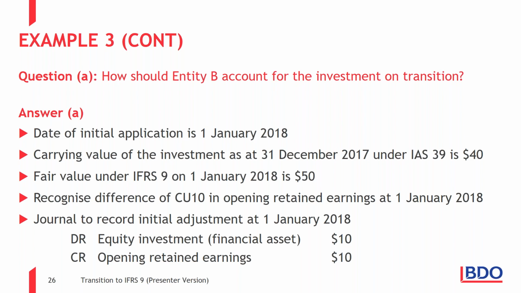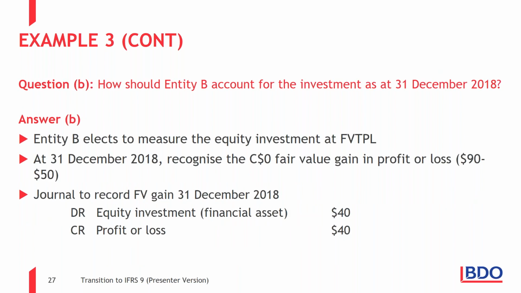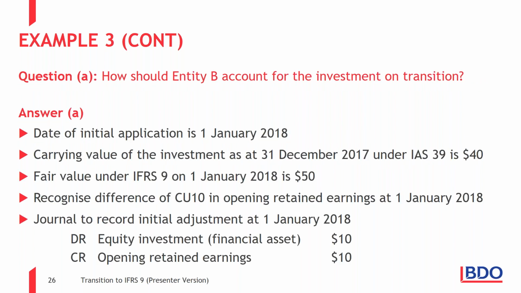So we debit equity investment and we credit opening retained earnings. So if you compare this answer, example 3A, to the answer to example 2A, you can see the actual journal on the date of initial application is exactly the same, whether in future you're going to use fair value through profit and loss or fair value through OCI.